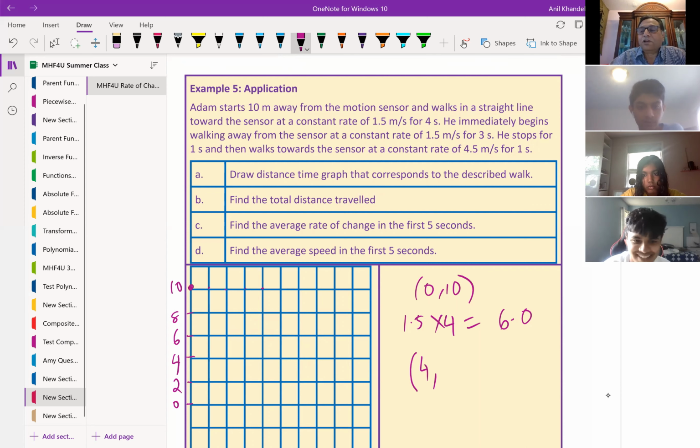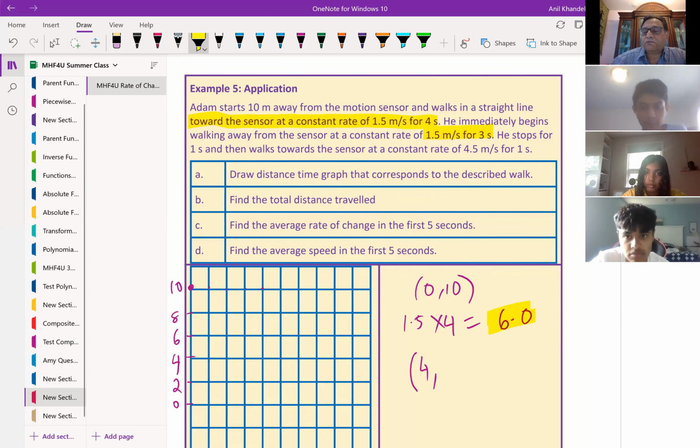Read the question. All of you help me in this. Get me the next point. He's walking towards the sensor at this rate. If he walks at this speed, the total distance covered is 6, correct?